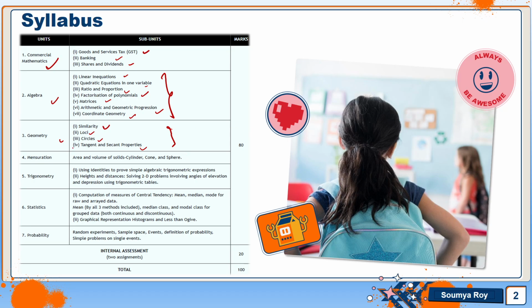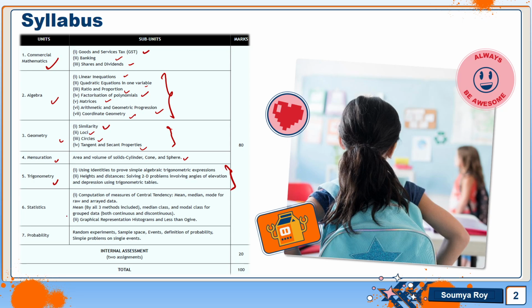Okay, mensuration, again a very practical chapter actually. Then moving on to trigonometry, a very important part of mathematics. Here we'll be checking out the various ways to prove a simple trigonometric expression, and then we will be moving on to the applications of trigonometry, that is heights and distances.